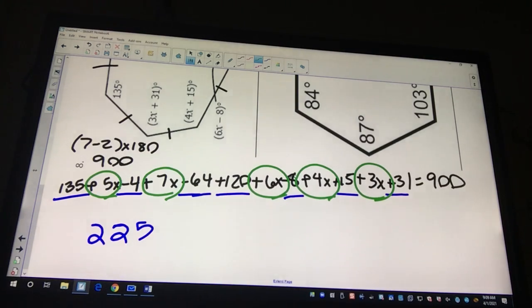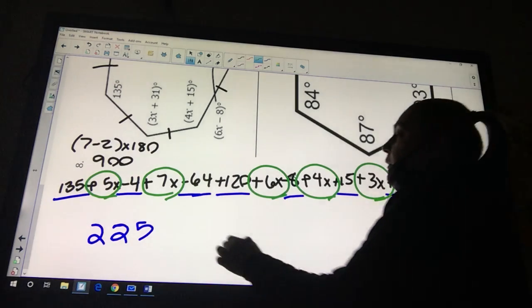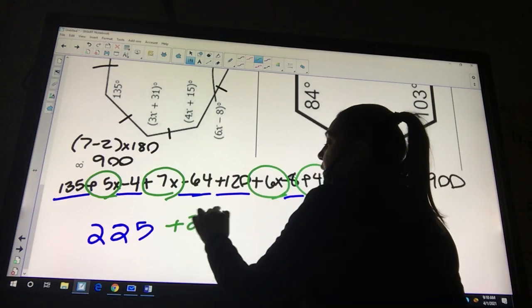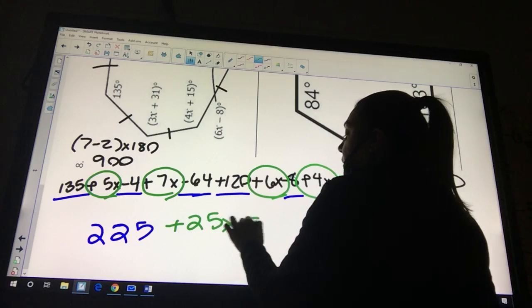I got 25. 25 what? That's 25x. So you say plus 25x. And what does this equal?